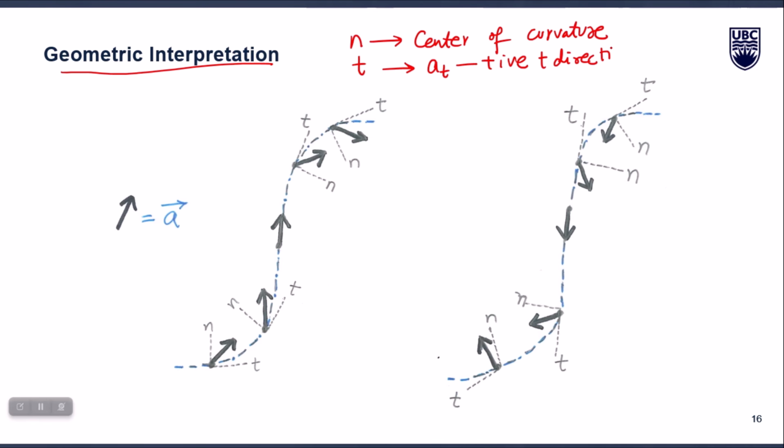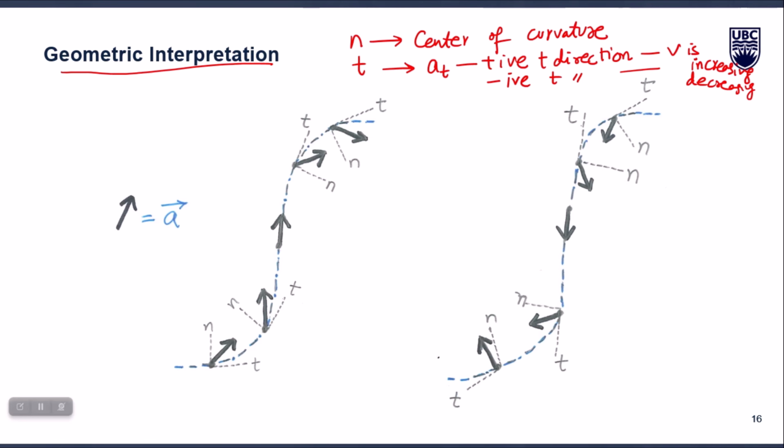So when v is increasing, speed is increasing, actually the magnitude of velocity is increasing. And a sub t will be in the negative t direction when v is decreasing. So let's quickly see in different cases how the acceleration vector will orient in both cases.